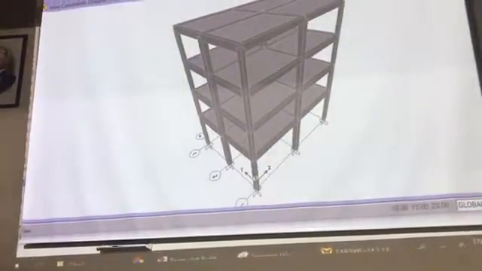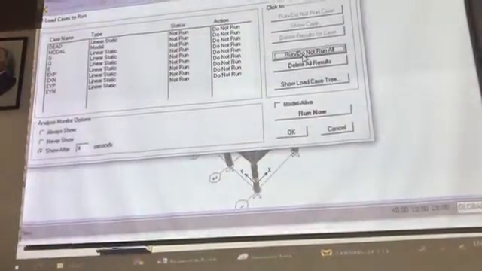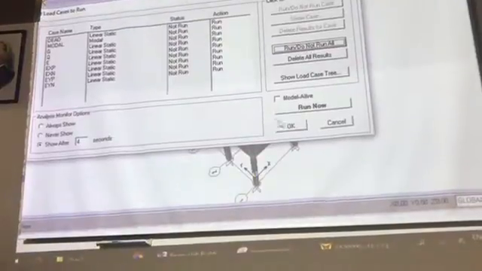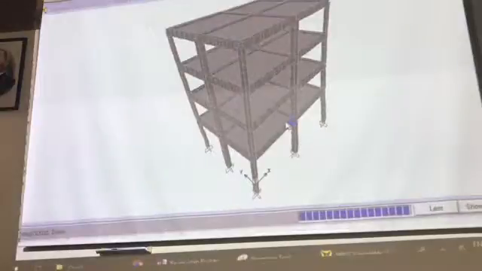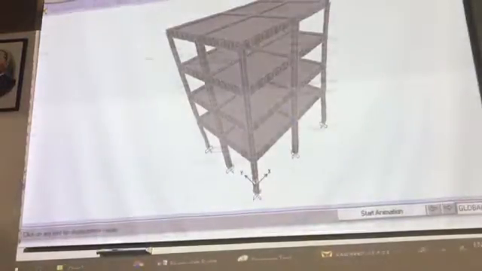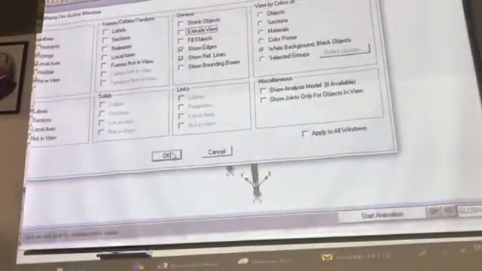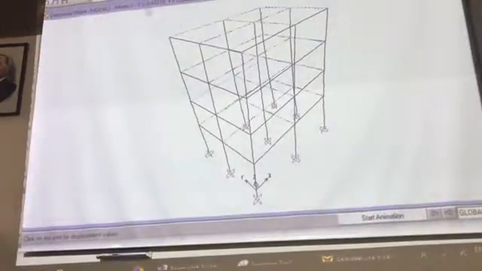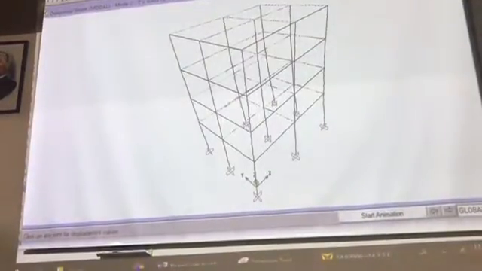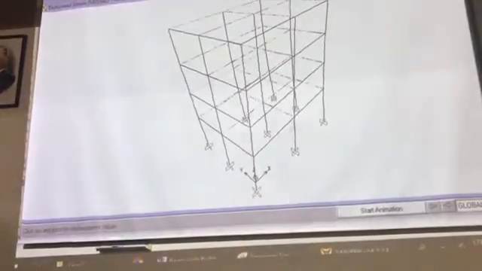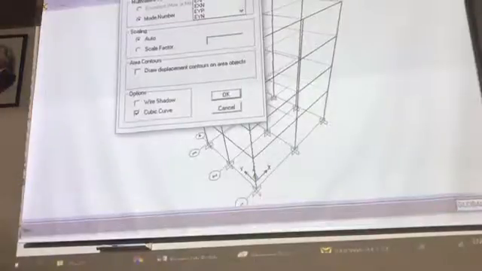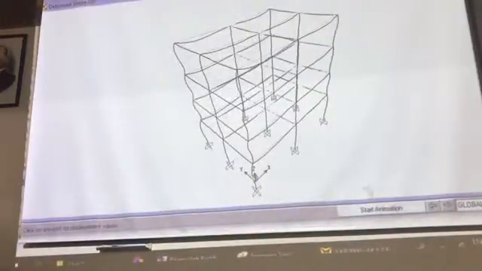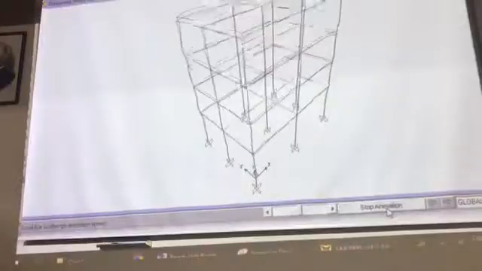Now we can run the analysis, run all cases. Run. Now this is the model. Let's say under G loading, this will be the deflection.